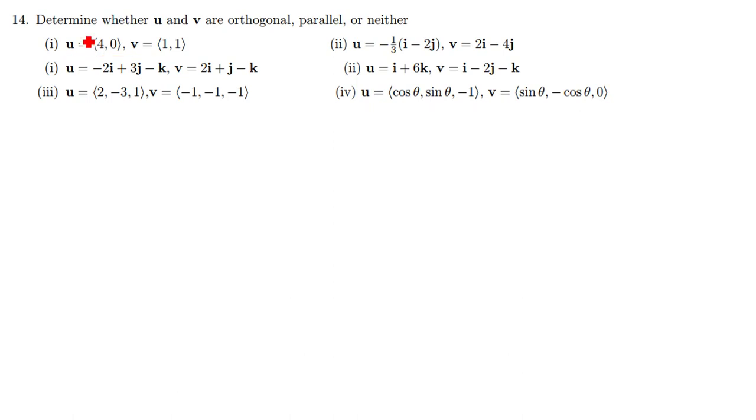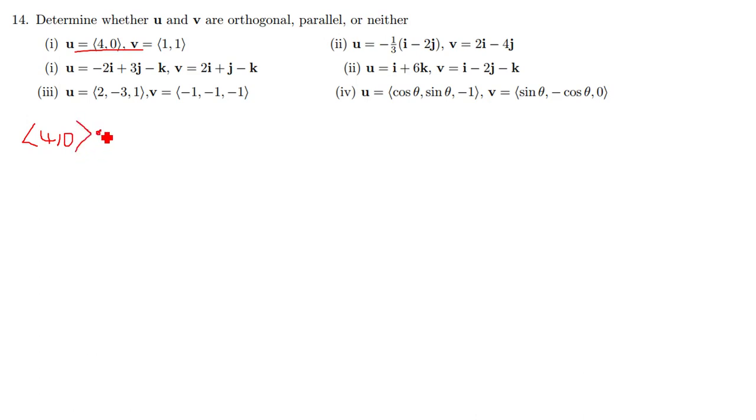To determine whether U is orthogonal to V, what we can do is find the dot product of these two vectors. So we have 4, 0.